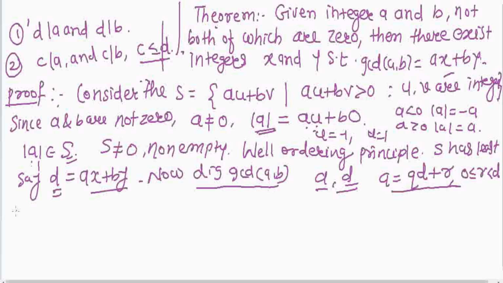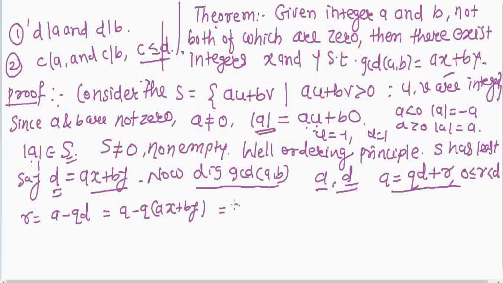Then look at this: R is equal to A minus Q into D, equal to A minus Q into AX plus BY, since D is AX plus BY.